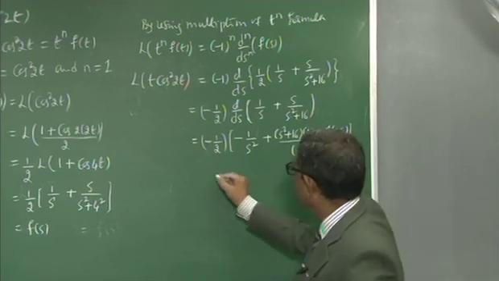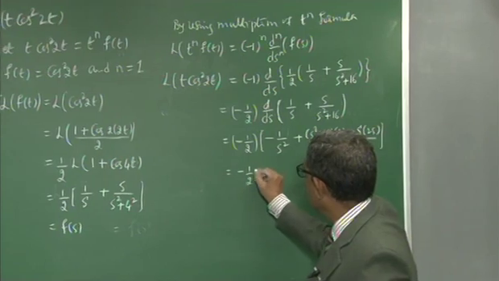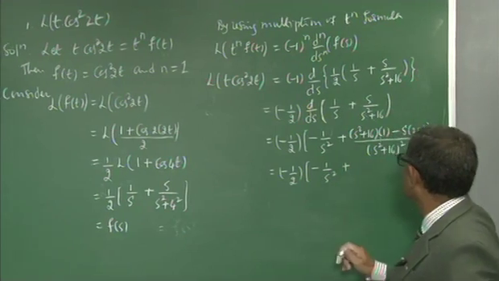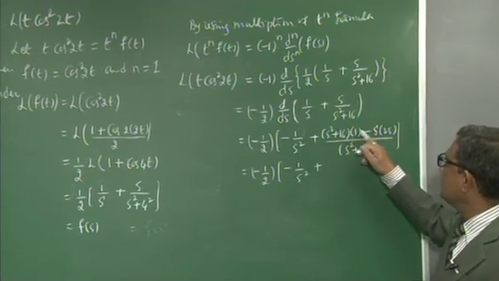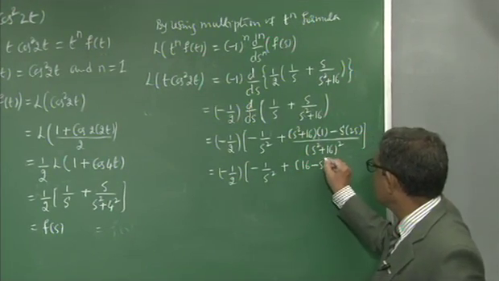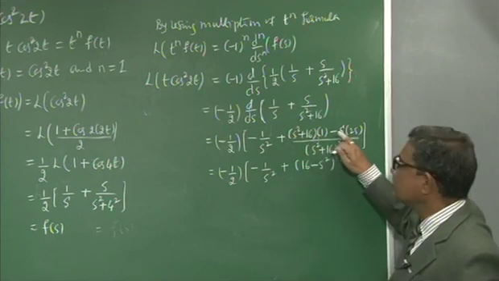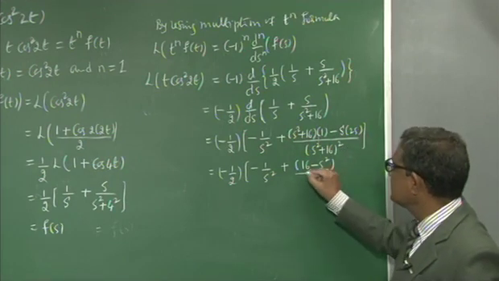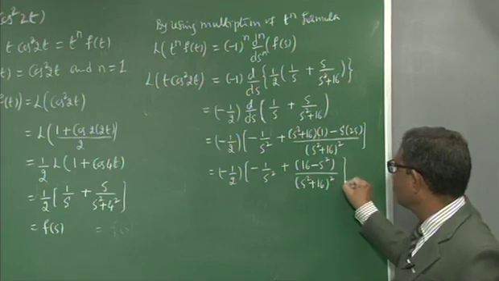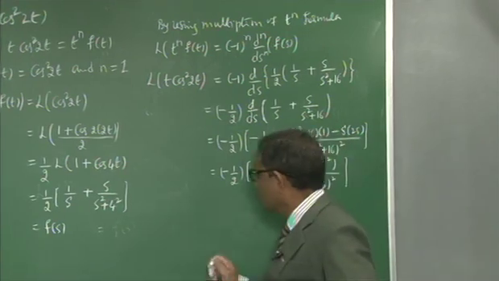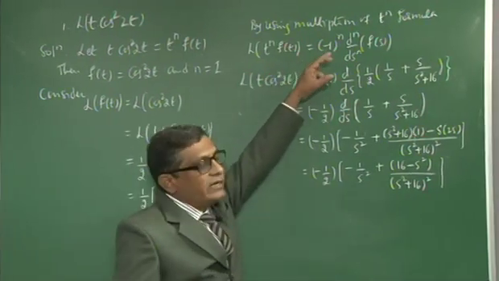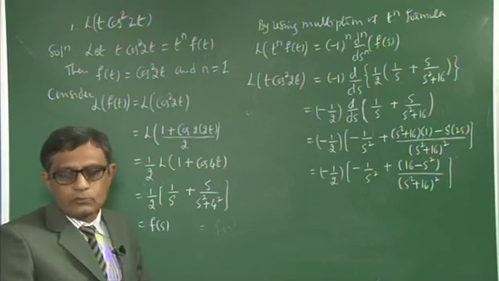Now simplify, this is minus 1 by 2 times minus 1 by s square plus, now it is s square plus 16 minus 2s square, it becomes 16 minus s square, divided by s square plus 16 whole square. Now this is the first example by using the multiplication of t raised to n formula.